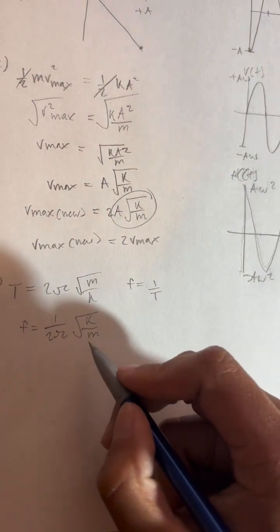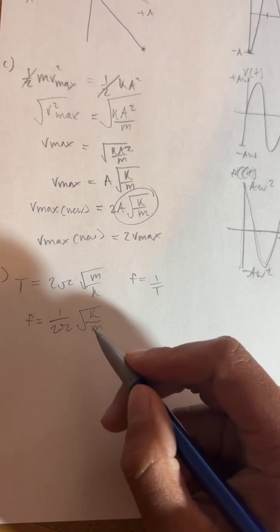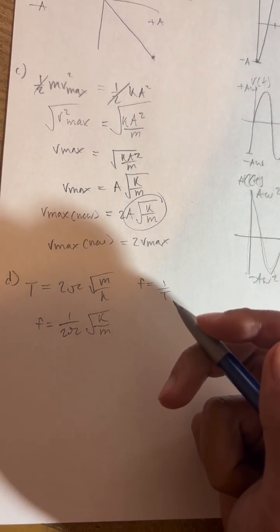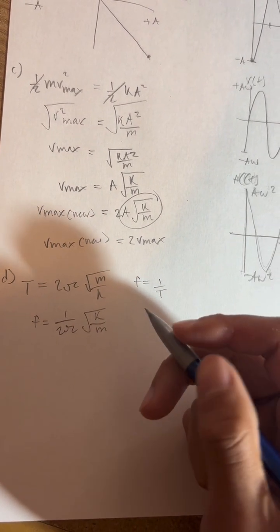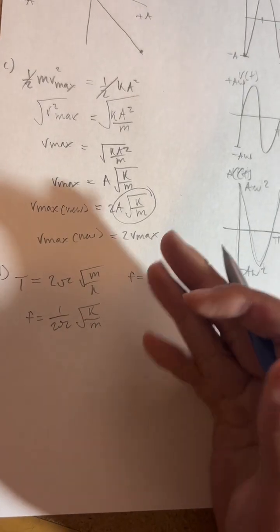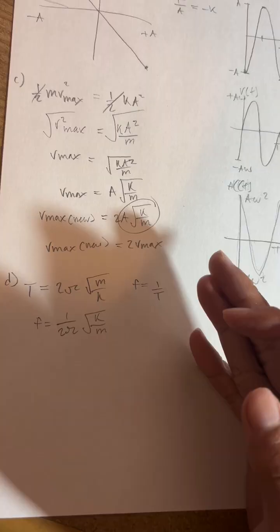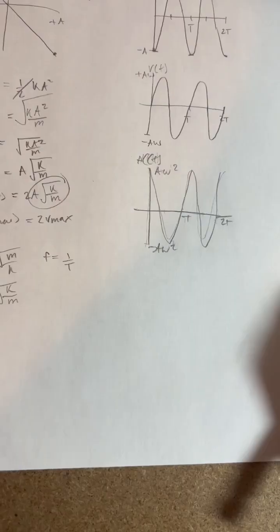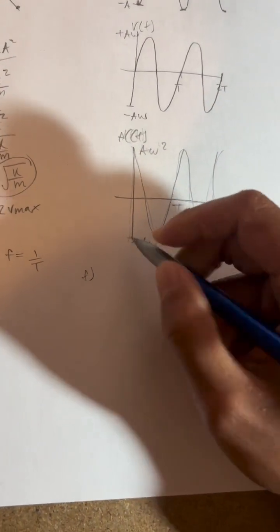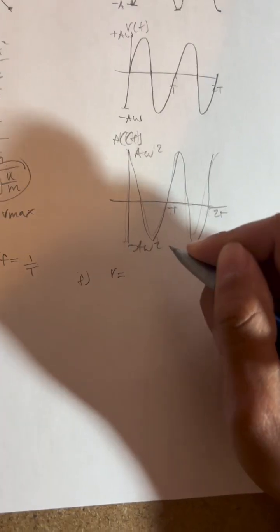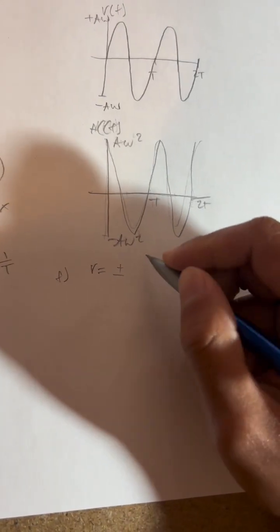Now, you'll see that nowhere in this problem has the variable A. So this student is wrong, because f is actually not dependent on the amplitude at all, but is only dependent on k and m.